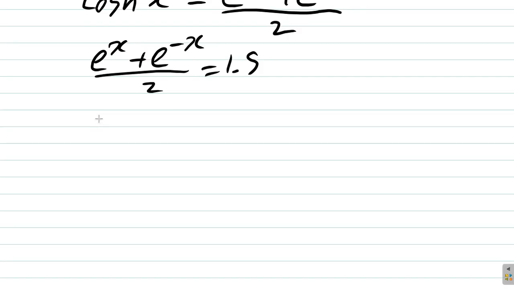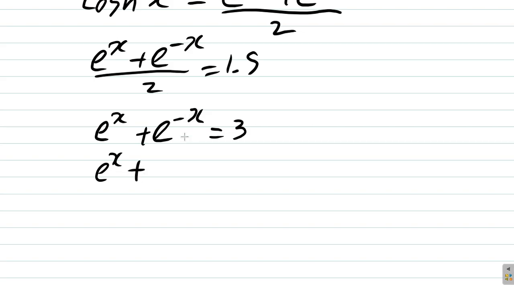Now we have e to the x plus e to the negative x. If we multiply both sides by 2, we get this equal to 3. Now, e to the negative x is the same as 1 over e to the positive x.